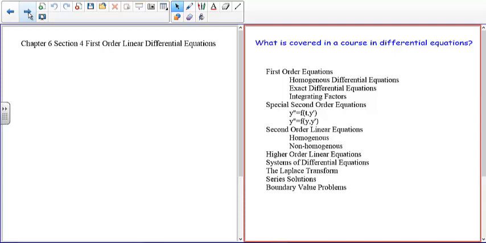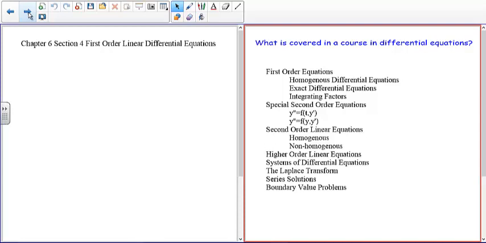We're going to cover the third topic under first order equations, which is called integrating factors. Exact differential equations are like homogeneous equations. That's just manipulating the equations so we can separate variables. Homogeneous differential equations are kind of the easy separation of variables problems. So we're covering a lot of the first order equations.